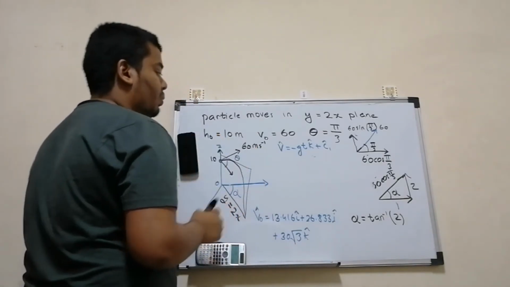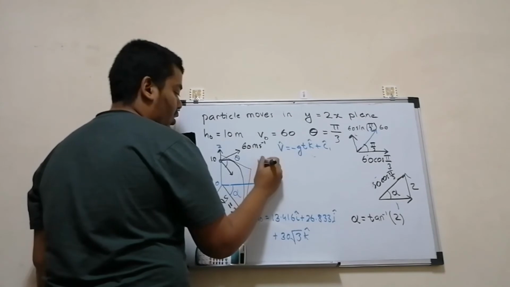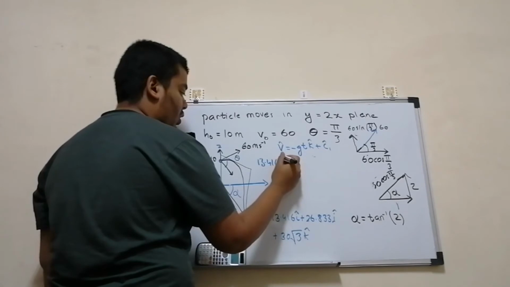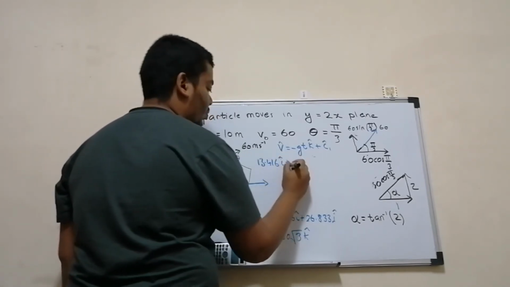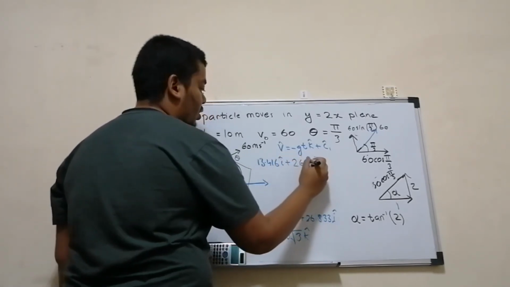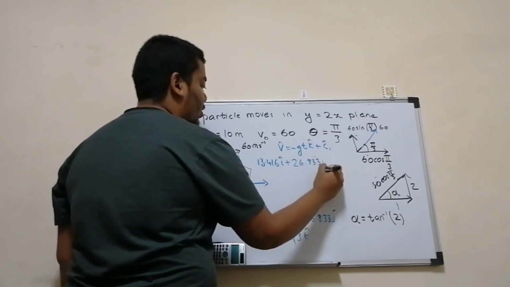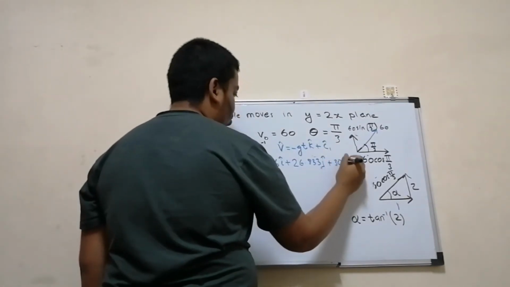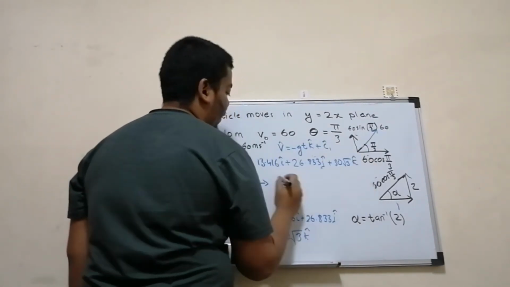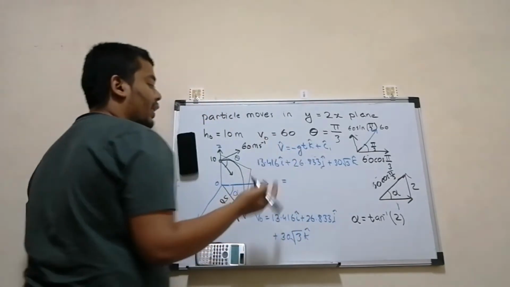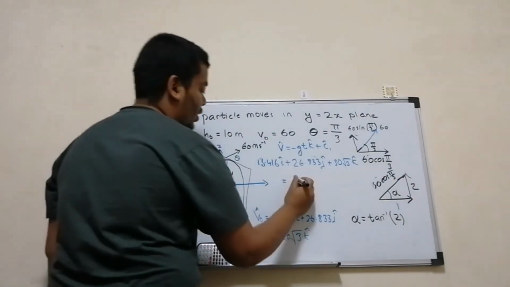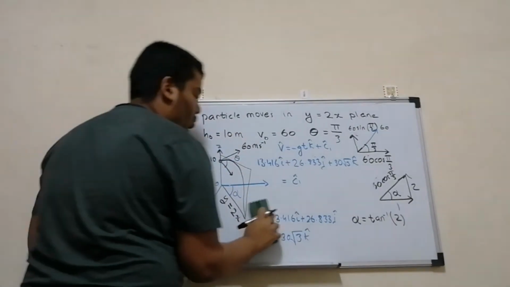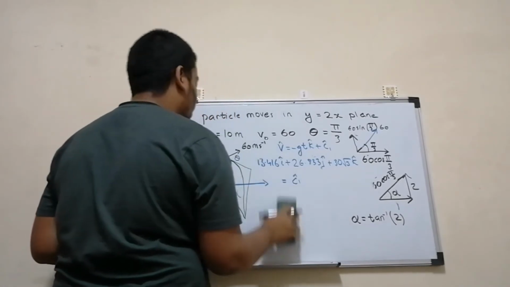The initial velocity is given by 13.416 I plus 26.833 J plus 30 square root 3 K, which is equal to C1, because this term will go to 0 at initially t is 0. Now this gives us the final velocity vector that we need.